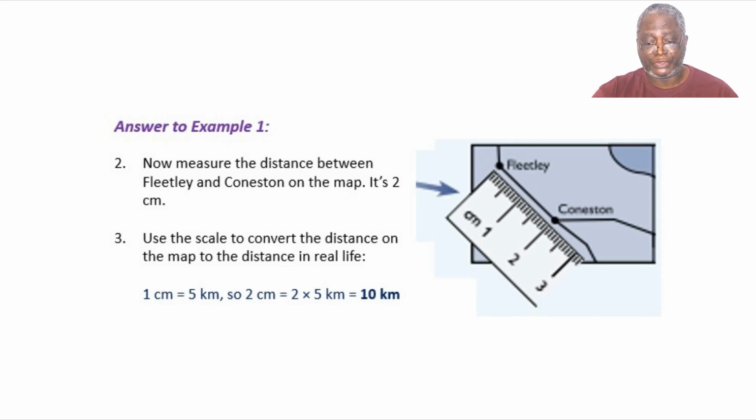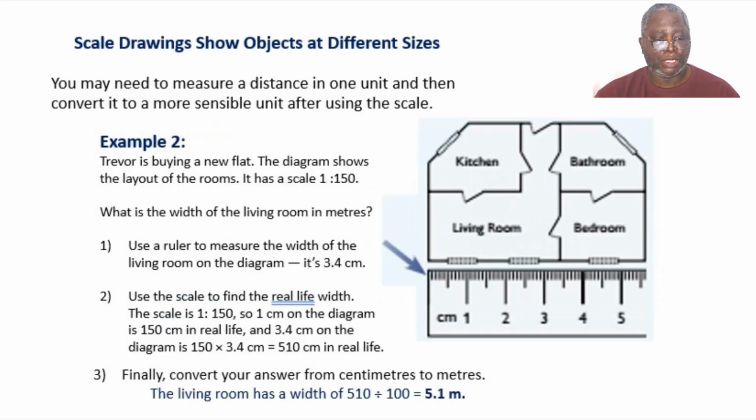Study the map, please, on the diagram. Scale drawings also show objects at different sizes. You may need to measure a distance in one unit and then convert it to a more sensible unit after using the scale.